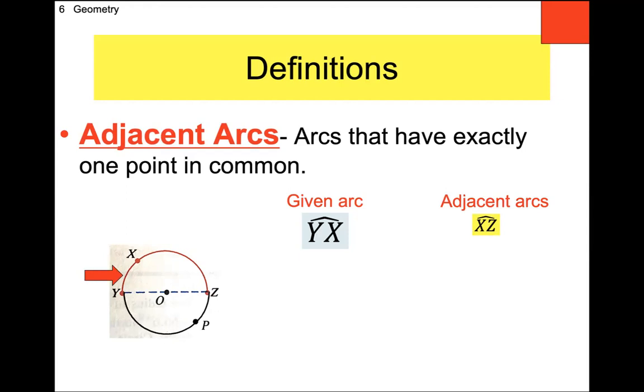That's a minor arc. We could have equally said arc XZP, or any other arc that shares any single point in common with arc YX. If I want to go in the other direction, then arc YP or arc YPZ, or even arc YPX. All of these are arcs that are adjacent to arc YX.